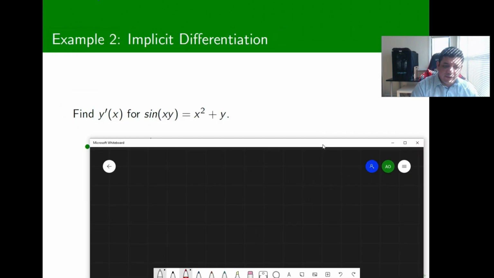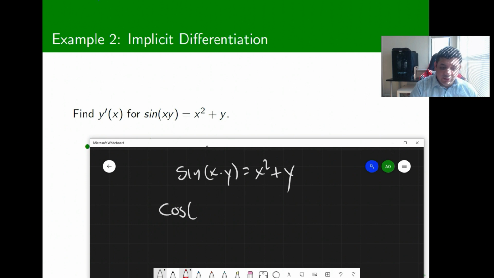So we have sine of x times y equals x squared plus y. And notice that everything comes into play. Now we have to do the chain rule. This is a derivative of sine, so now this is going to be cosine of xy, because that's the derivative of sine, but times, and now this is a product rule, so we have 1 times y plus x times 1 times y prime.